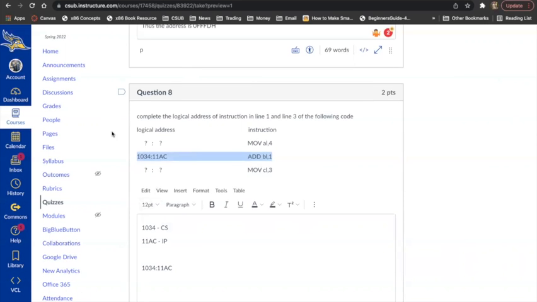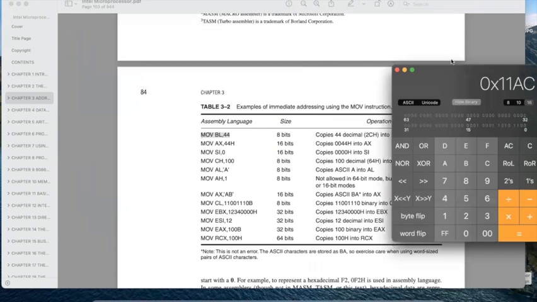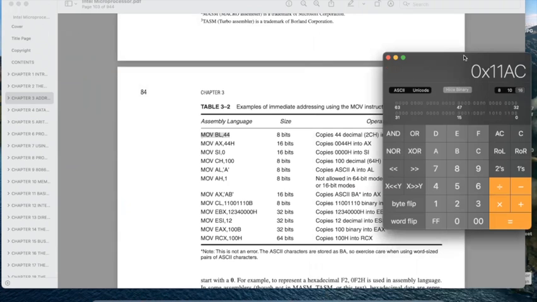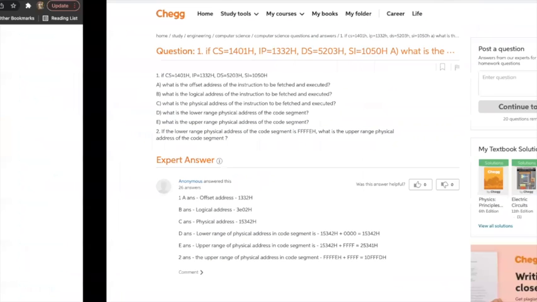Okay, let's use our calculator. 11AC is 16 bits in size. And we know that a single command like move 44 to some register is 8 bits. So let me explain this in a better way.